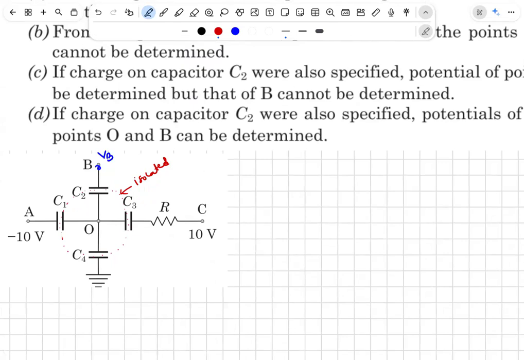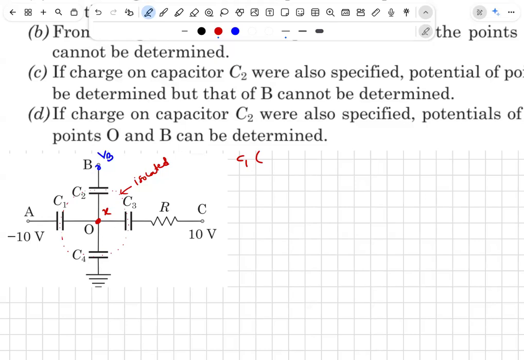So, see, we assume that the potential of this point is X, and let the potential of that point be VB, as already taken.